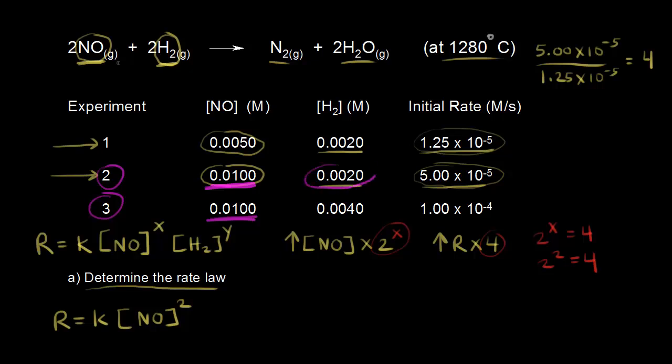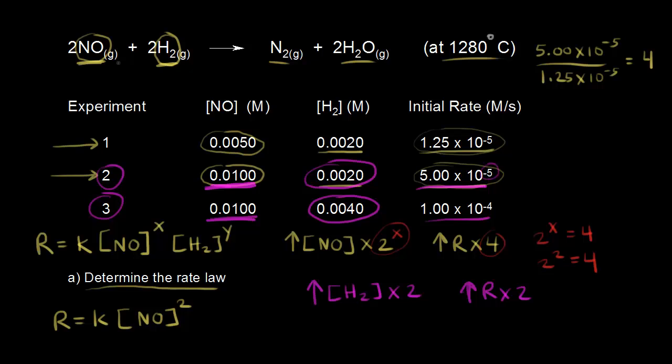It goes from 0.002 to 0.004. So we've increased the concentration of hydrogen by a factor of 2. And what happened to the rate of reaction? We went from 5 times 10 to the negative 5 to 1 times 10 to the negative 4. So we've doubled the rate. The rate has increased by a factor of 2.